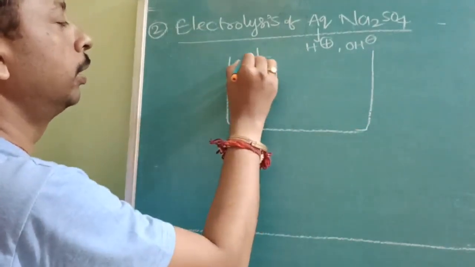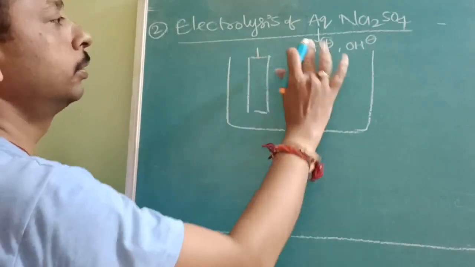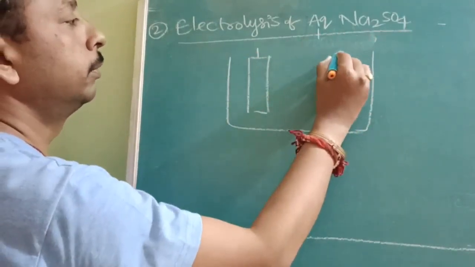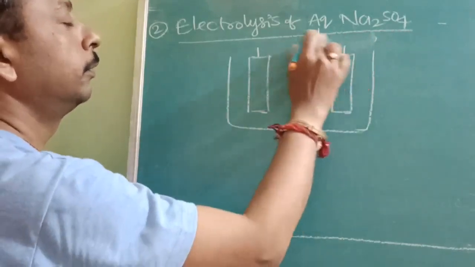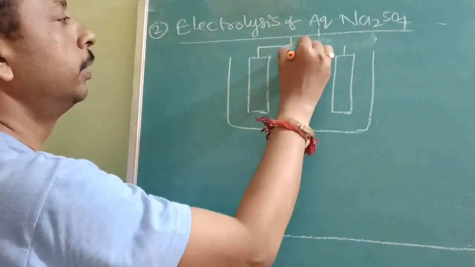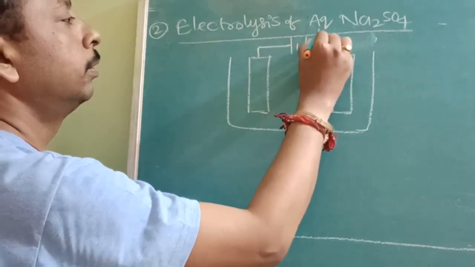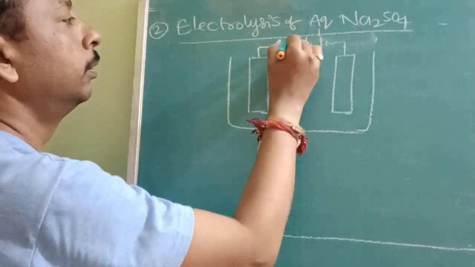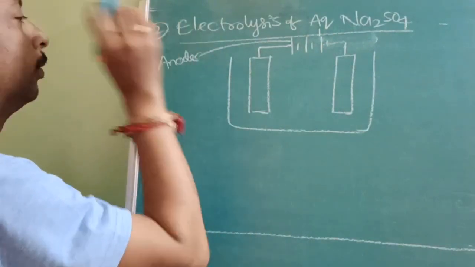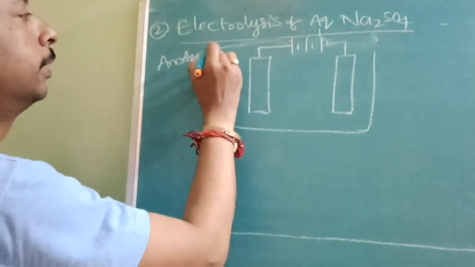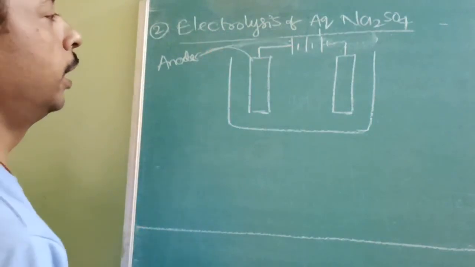Now there are 2 electrodes. Let us take this one as positive, this one as negative. Positive means anode. This is connected to positive, therefore anode.